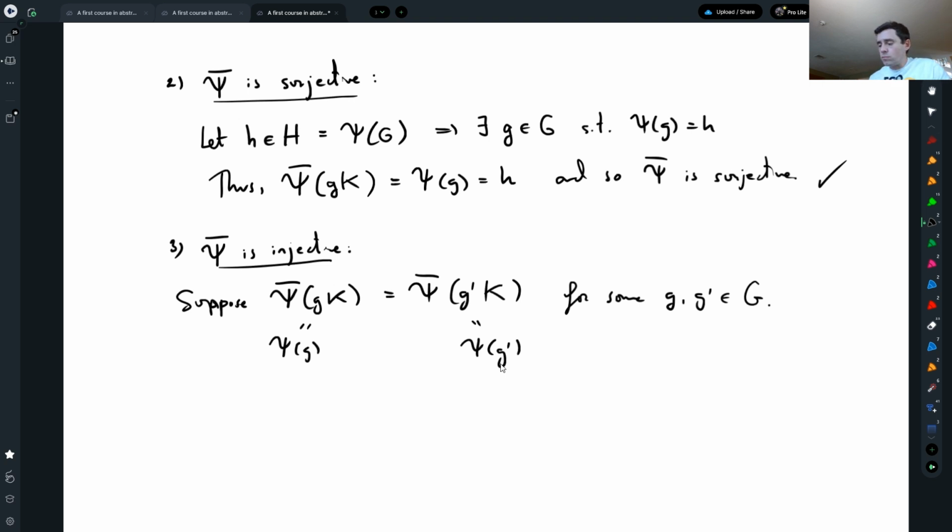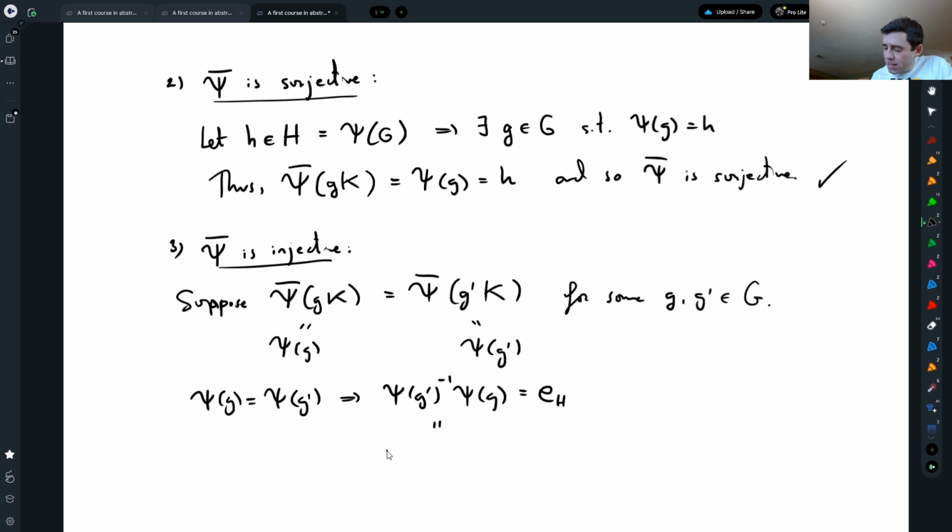And these are the same. So psi of G is equal to psi of G prime. That implies, if I multiply on the left by the multiplicative inverse of this element, that psi of G prime inverse times psi of G is the identity in H. And now by the properties of homomorphisms, the inverse of a psi value is psi of the inverse.